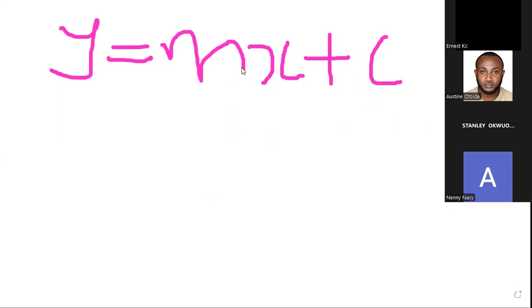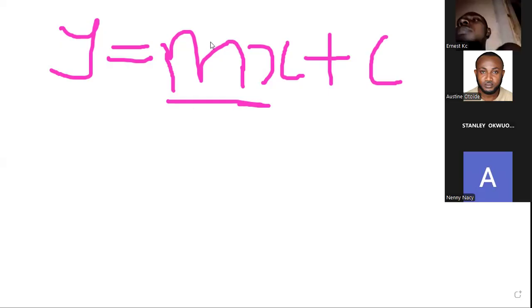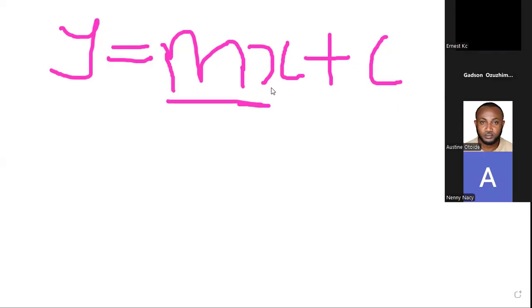This is the equation of a straight line where m is the gradient, c is the intercept on the y axis. x is the independent variable. y is the dependent variable. This is fundamental physics. We all did it. In fact, not even physics, we also did this in mathematics. But that's what we want to apply now.